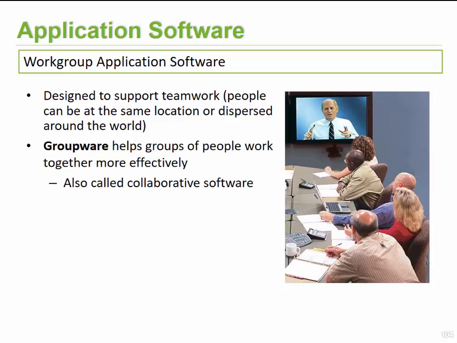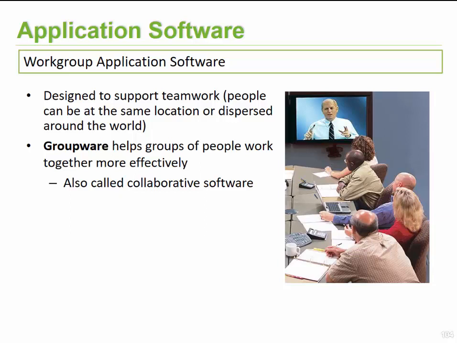If we look at workgroup application software, this type of software is designed in such a manner that it facilitates and supports teamwork. It can be used at the same location, or it can support people if they are placed around various locations around the world. This software is also known as groupware. Groupware will help groups of people to work together more effectively.